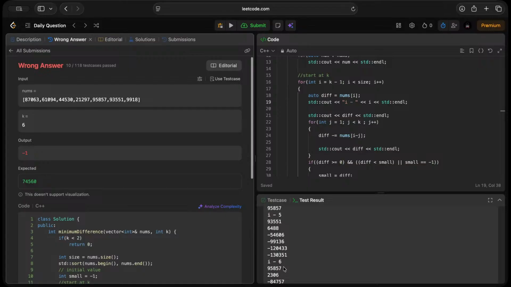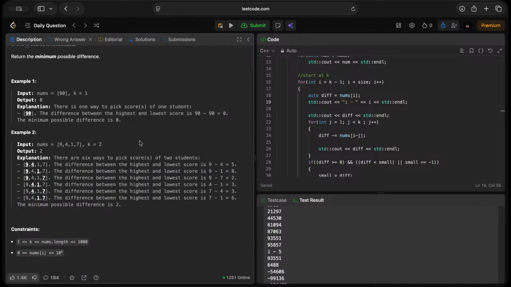So we have 9, 5, 8, 5, 7 minus 870, 63. I'm guessing I'm not understanding the question.